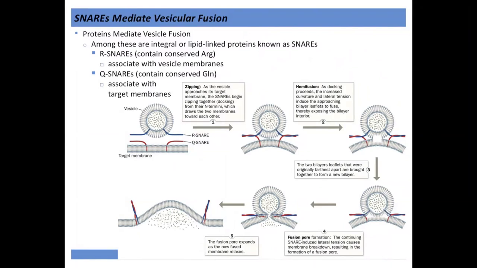And so, like I said, these membranes should have natural repulsion for each other because they're both negatively charged. So there needs to be something that will help them mediate their natural repulsion, and that's these proteins. And so as the vesicle starts to approach the membrane, these SNARE proteins will interact with each other and actually start to form a helix around each other.